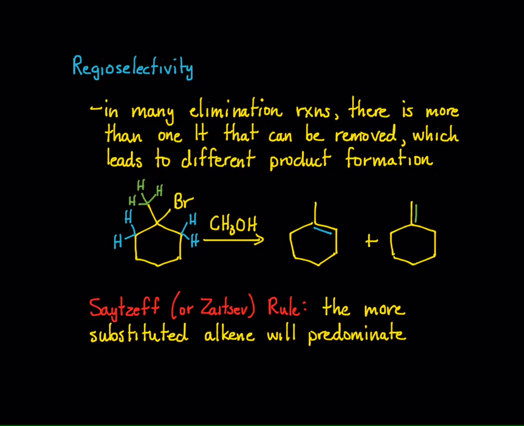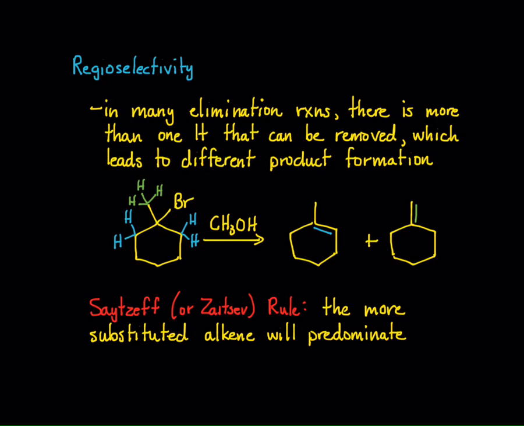And therefore, we again have to think about substitution patterns, right? What degree of substitution does the alkene have? If you look at the alkene on the left, the blue alkene, you see it's a tri-substituted alkene.